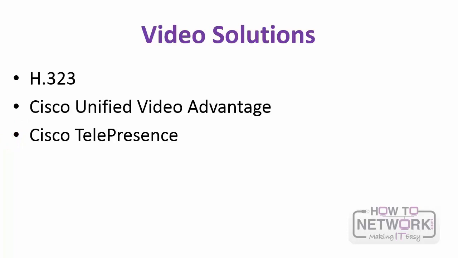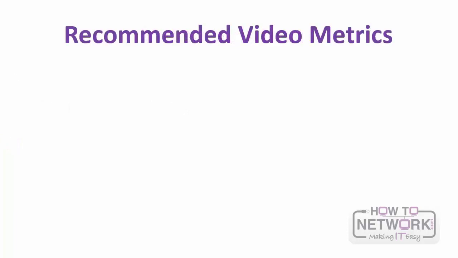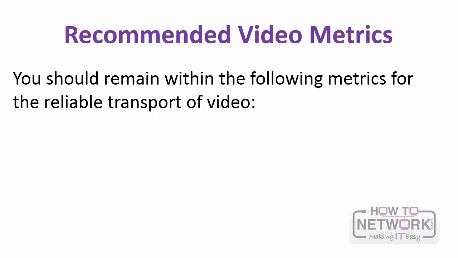Now, due to the bandwidth-intensive and latency-sensitive nature of video, consider the following when designing or troubleshooting a video network. Like voice, video packets need to be allocated an appropriate amount of bandwidth and treated with high priority. The following are QoS metrics that Cisco recommends for various types of video applications.